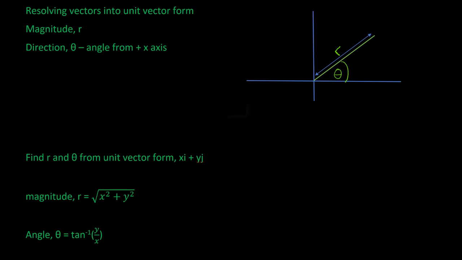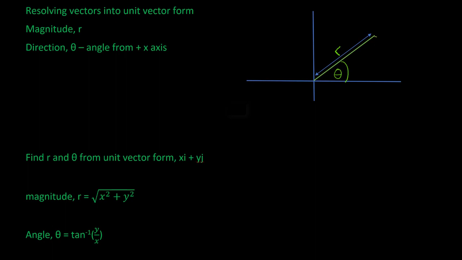Looking at the diagram we've got here, you may be asked to write it in the unit vector form instead. To do that, we need to know what it is in the x direction and the y direction. And to help us sort that out, we're going to use some SOHCAHTOA.